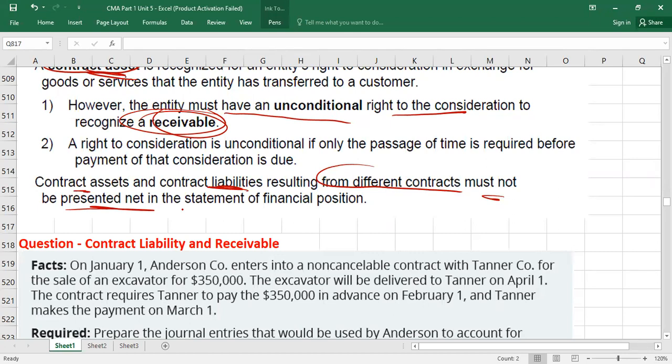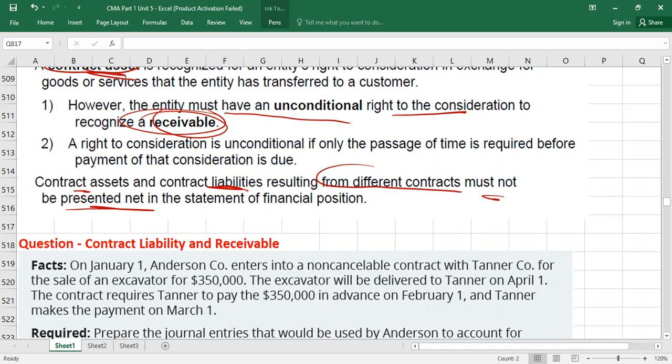You have to record them separately. This contract asset from this project, that contract asset from that project. Don't make one contract asset and show one value. No. It is not recommended to net the values. Show them separately. Now you will tell me, with the help of examples, whether there is a conditional right or unconditional right.